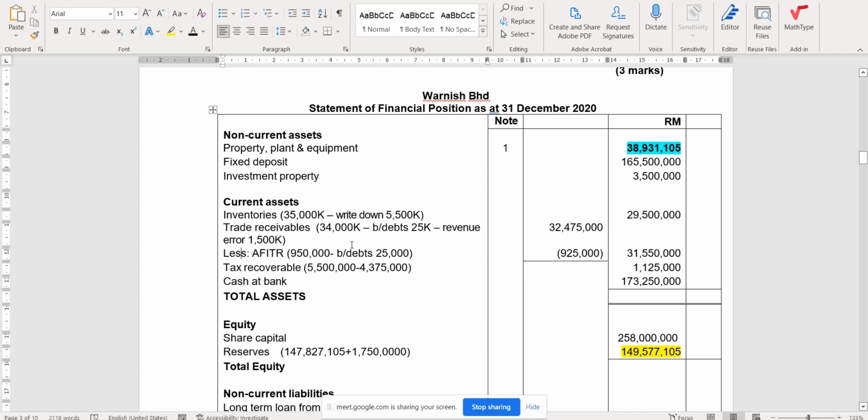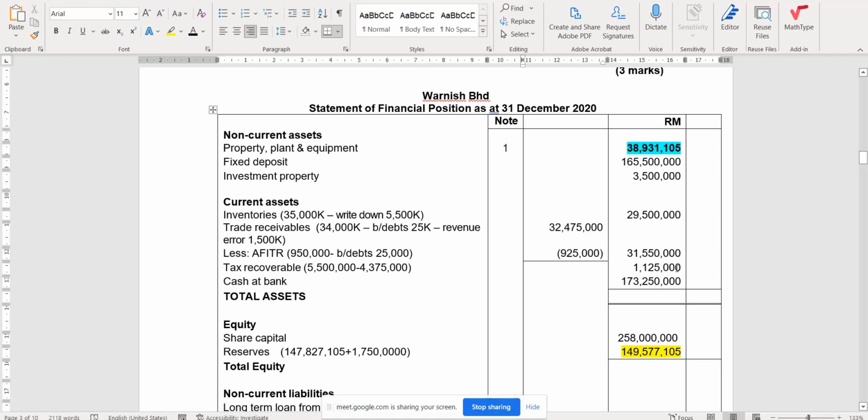Your allowance for impairment would be 925. You can check the workings that I provide here. Bad debts, 25. Revenue error just now, 1.5. Allowance for impairment was reduced with the bad debt. So you have 925. So the total net realizable value of the trade receivable is 31,550.